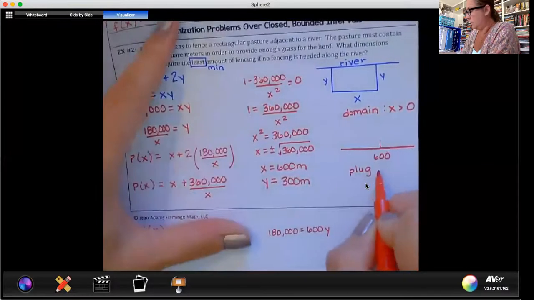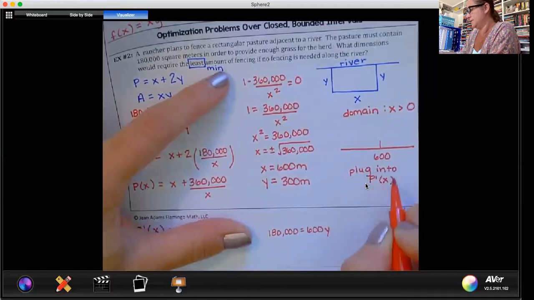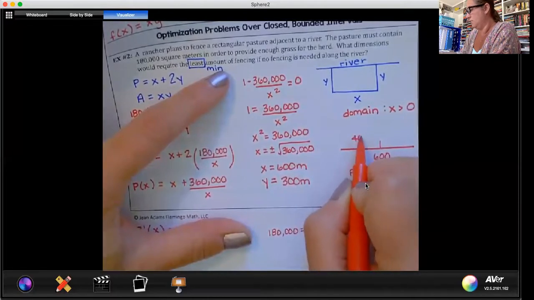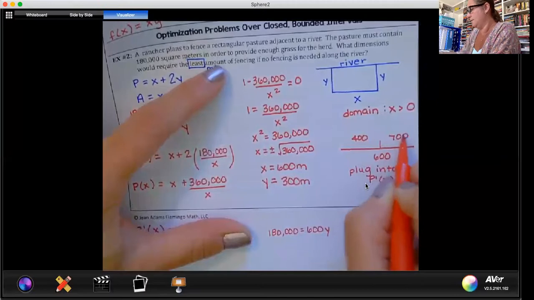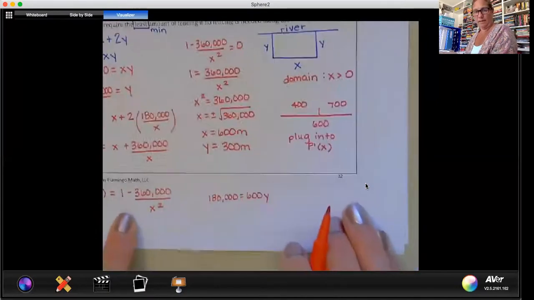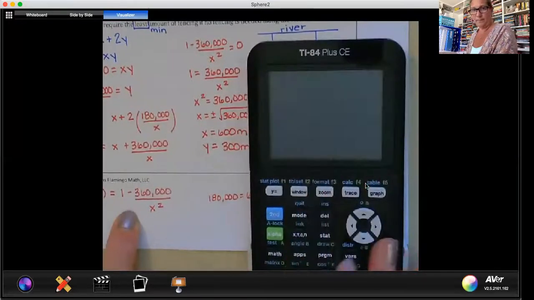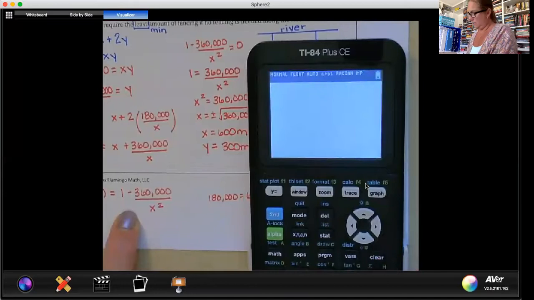So we're going to plug into P prime of x, and I'm just going to choose 400 and 700. And P prime is here. Again, we're proving that minimum. So 400 stored as x, 1 minus 360,000 divided by x squared is negative.